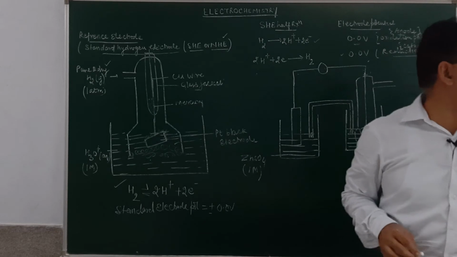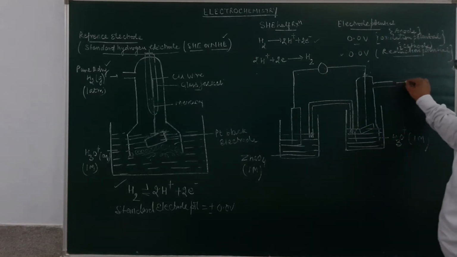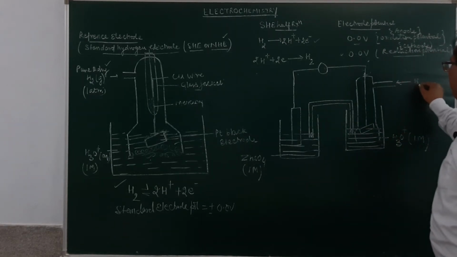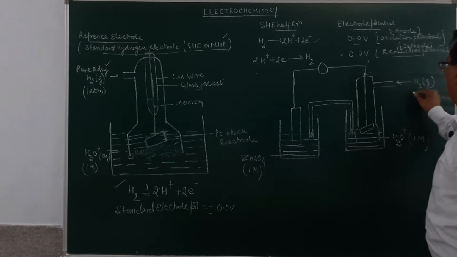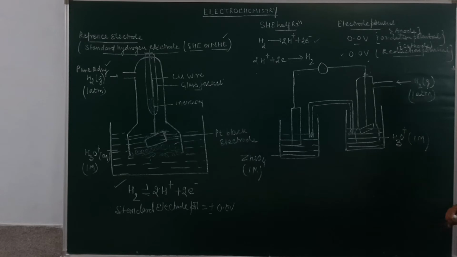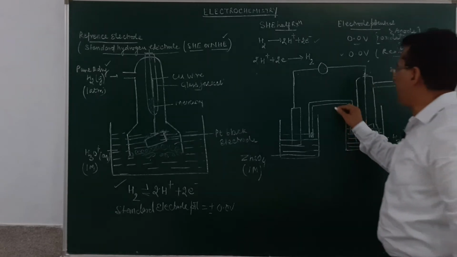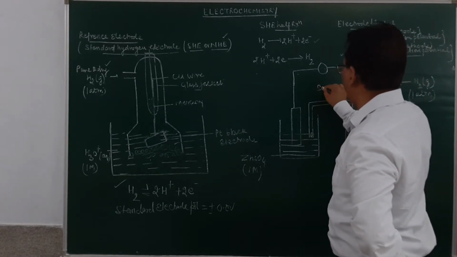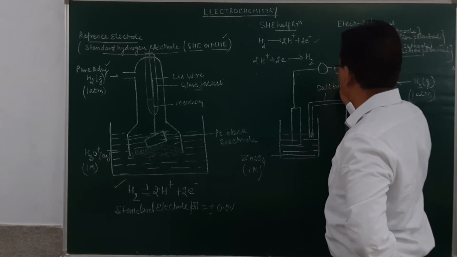From this side, we have passed a gas. The gas is hydrogen, and it is passed at 1 atmosphere. This internal connectivity is provided with the help of a bridge, which is called a salt bridge.